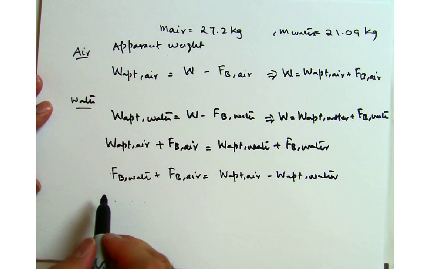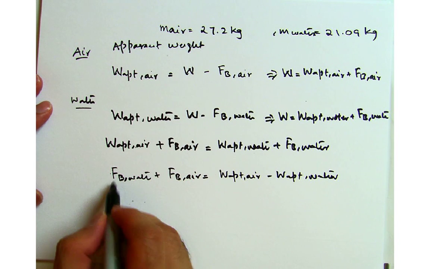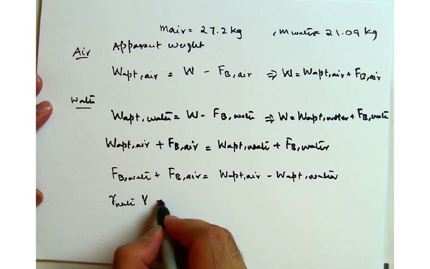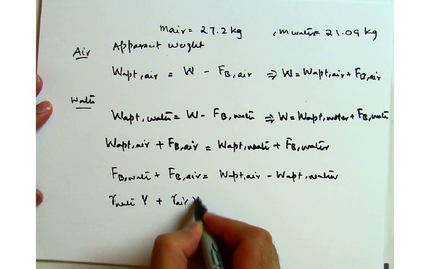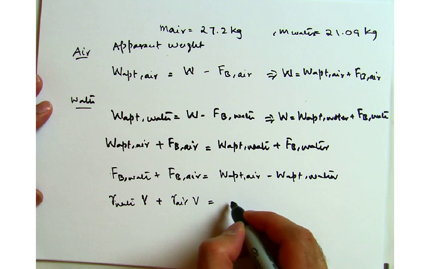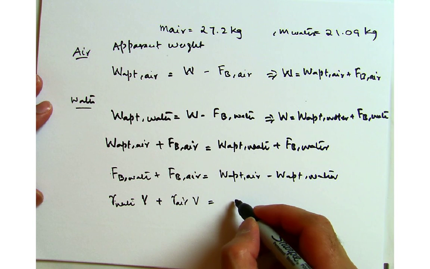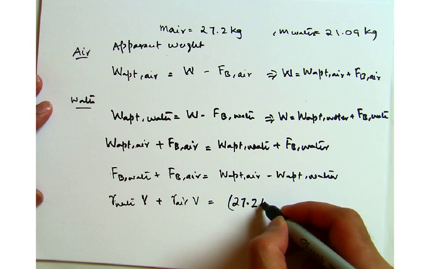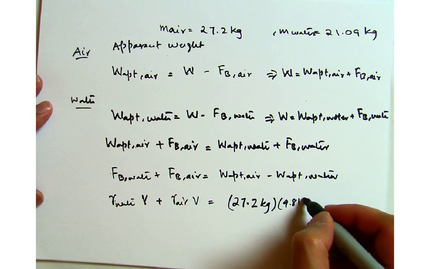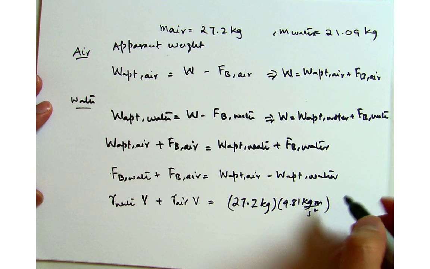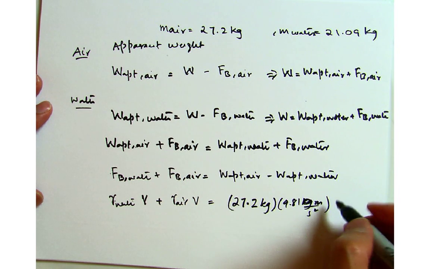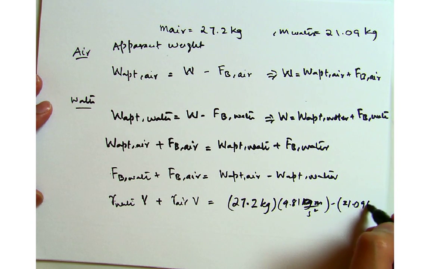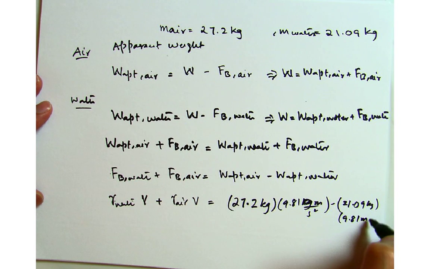Once we have this, I have gamma of water times the volume that it will displace, plus gamma of air times the volume it will displace, and then I have the weight of this object, which comes out to be 27.2 kg times 9.81 meters per second square, minus 21.09 kg times 9.81 meters per second square.